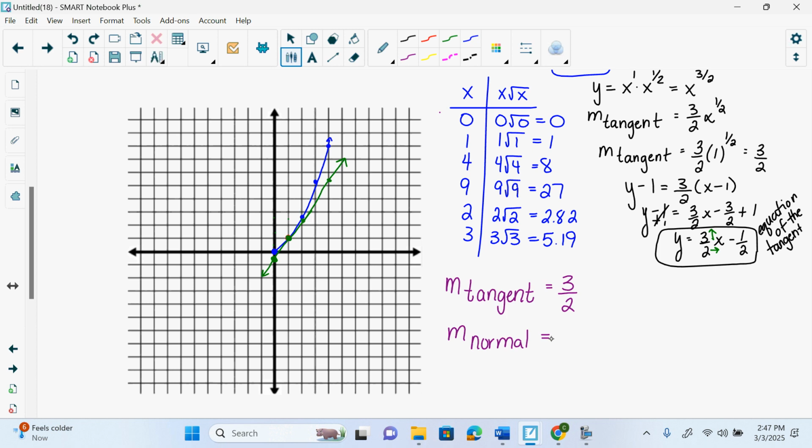What's the perpendicular slope to 3 halves? Anyone remember? We literally taught that for this moment in time. 2 over 3 would help.